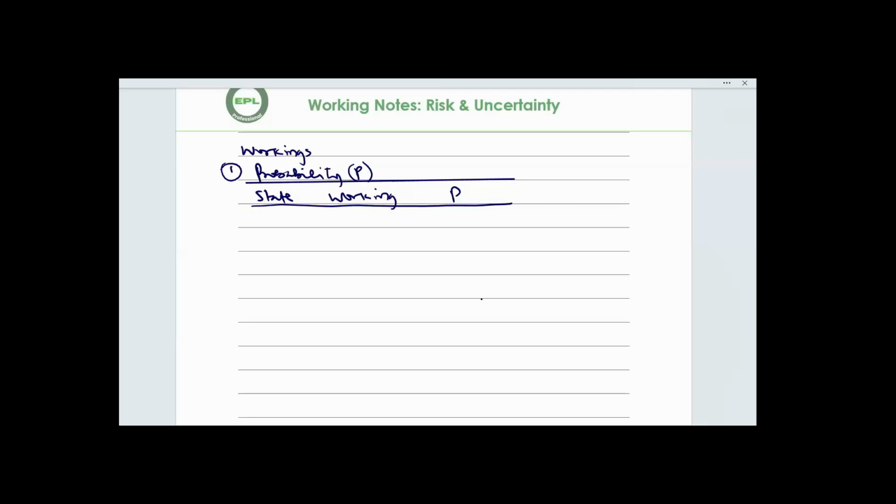We have 3 states of nature: above average, average, then below average demand. Then we do workings for our probability.